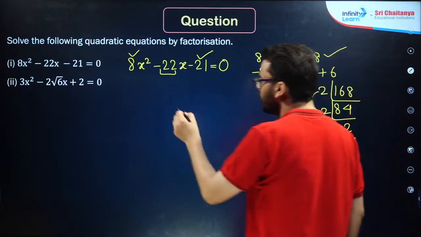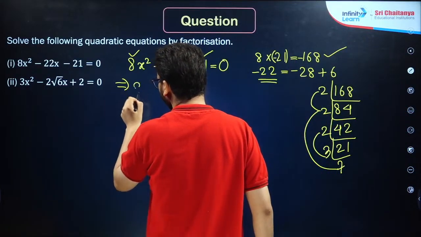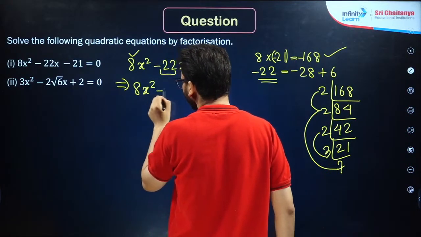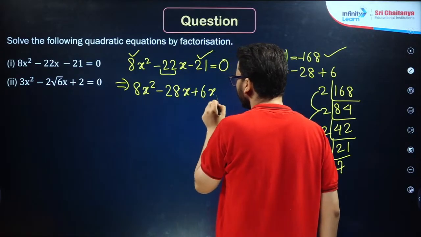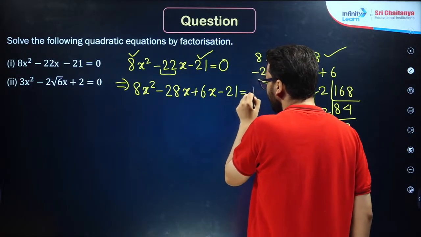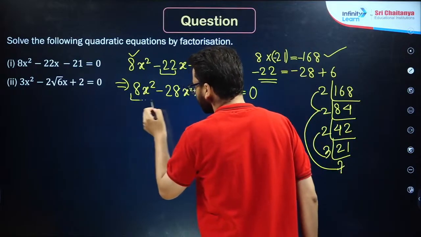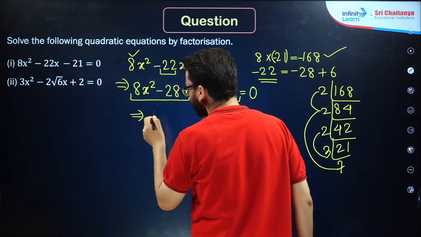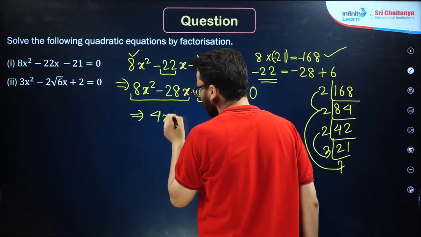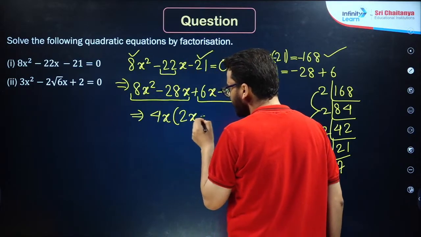So basically, this can be written as 8x square minus 28x plus 6x minus 21, and that is equal to 0. This is the first group, this is the second group. Out of the first group, we can take 4x as common, so 2x minus 7 will be left.